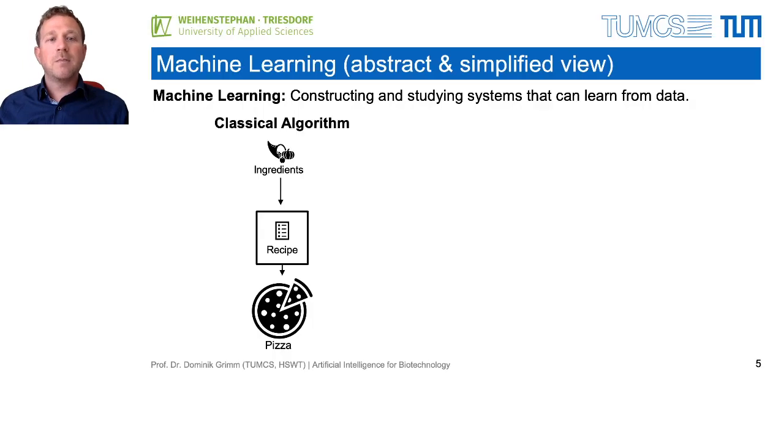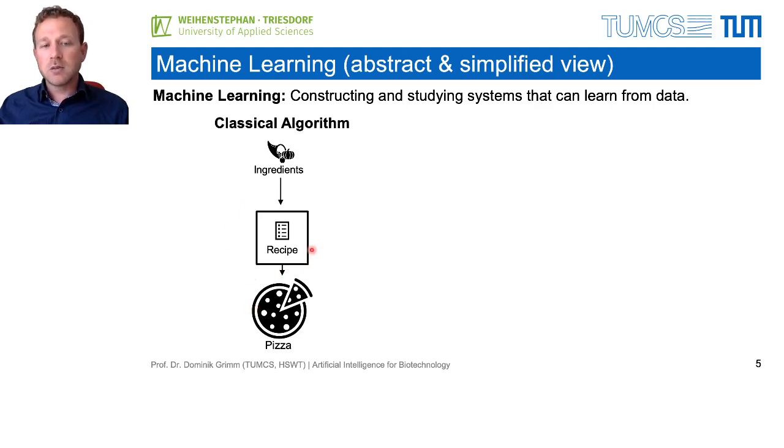So let's look at this phrase or at the definition of machine learning again. So machine learning, we said, is constructing and studying systems that can learn from data. So what do I mean with this? So let's look at a classical algorithm. So here, a classical algorithm could be, for example, a recipe. The recipe, how to make pizza.